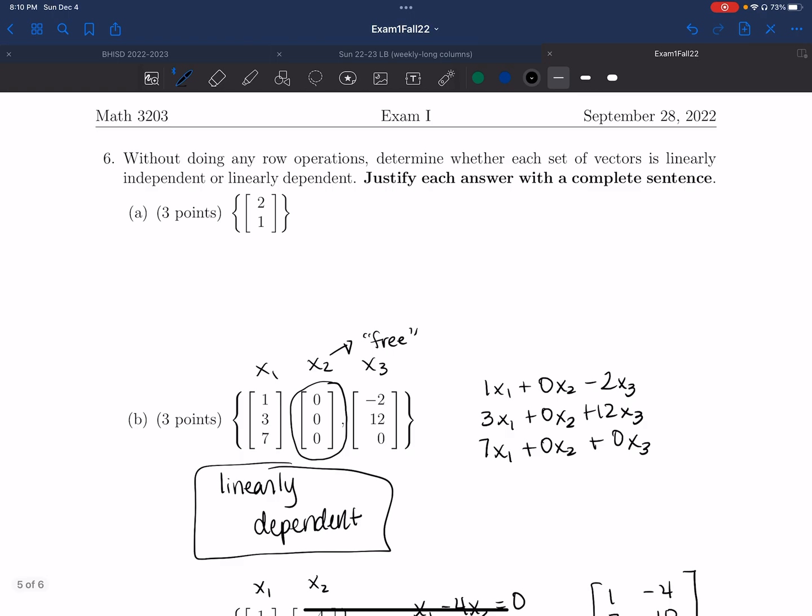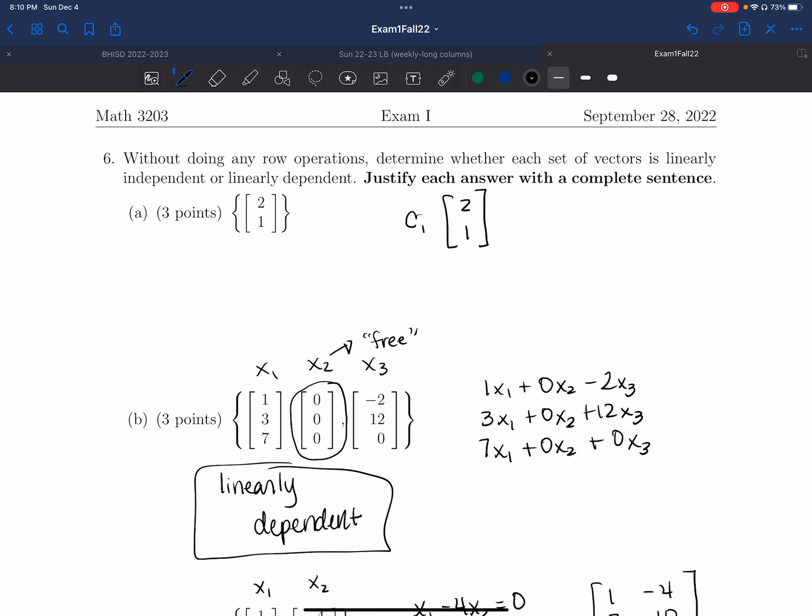Now, A is also a special case because there's only one vector. In order to get these x1s, 2x1 and 1x1, to equal 0, you're probably going to have to multiply it by some scalar, C1. Because this is a scalar, my bad.